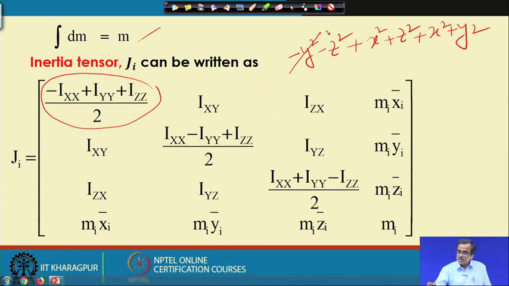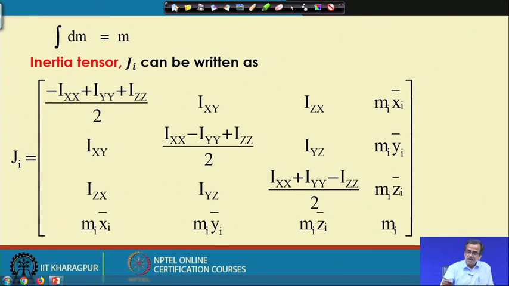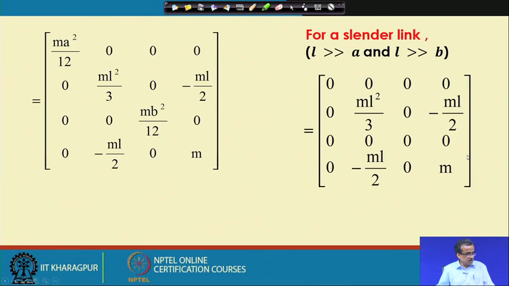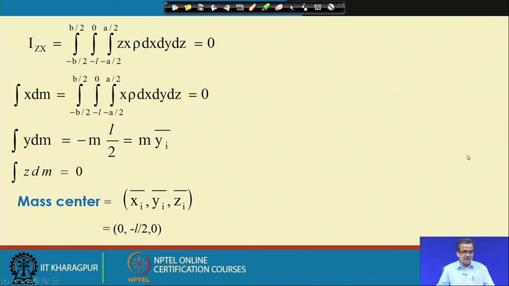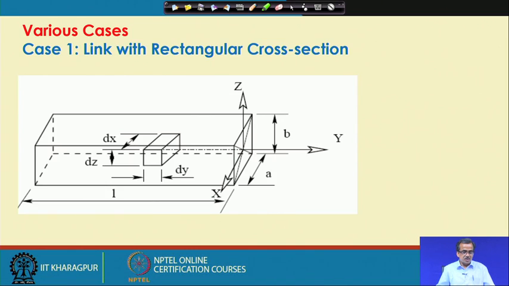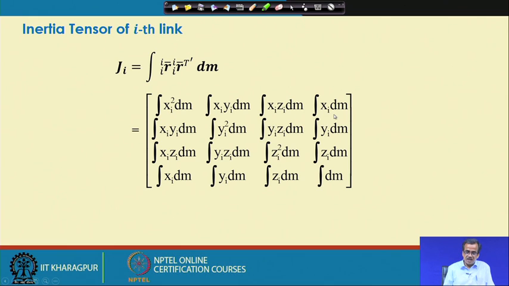So, minus y square plus y square, minus z square plus z square get cancelled. I am getting 2 x square divided by 2, so I will be getting x square. Now, if you see the previous expression of the inertia tensor, the first term is x bar square.